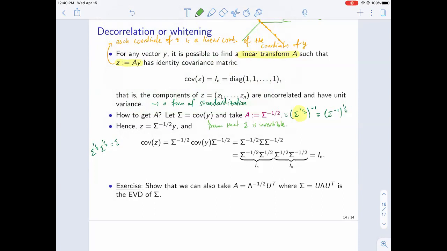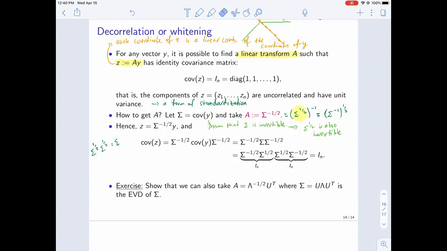Then I can invert this square root. Sigma 1/2 is also invertible. You can verify this for yourself. Does anyone remember a formula for sigma 1/2? How do you compute it?